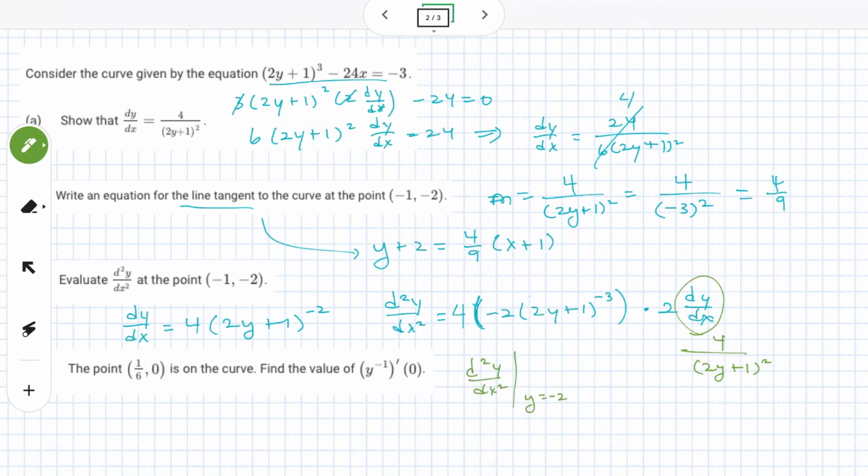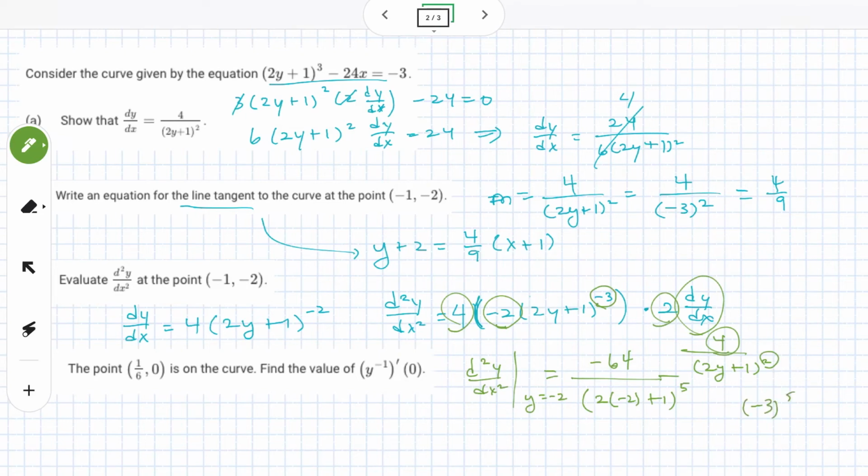And then now I'm just going to plug in negative 2 into that value. So d squared y over dx squared evaluated at y equals negative 2. And that would give me 4, negative 2, and I don't see any addition, so I'm okay with doing it. So let's multiply all of that. So 4, negative 8, negative 16, negative 64, all over 2 times negative 2 plus 1 to the power of 5.